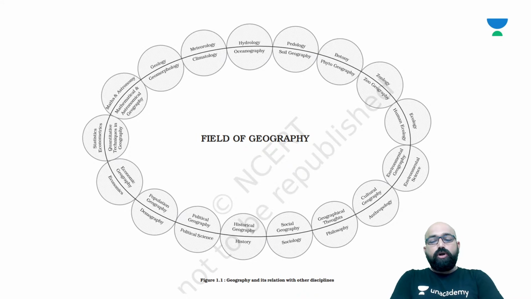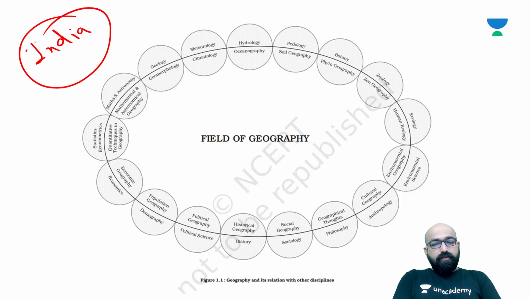So, if we look at the historical events all over the world, each one of them can be interpreted geographically. For example, in our country, the Himalayas have acted as great barriers.